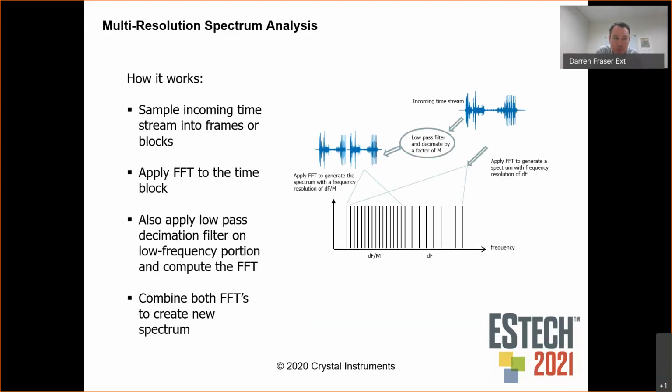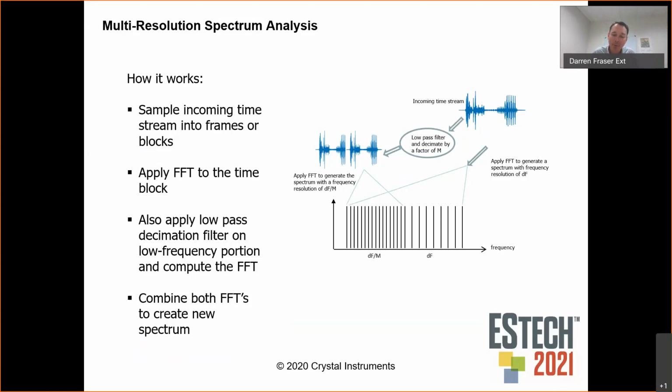Multi-resolution, how does it work? Well, we start off with an incoming time stream, and we sample it as we would any time stream. And as we sample it, we then break that time stream up into blocks or frames. From those blocks and frames, we take one block and we apply an FFT to it, just like we originally would.